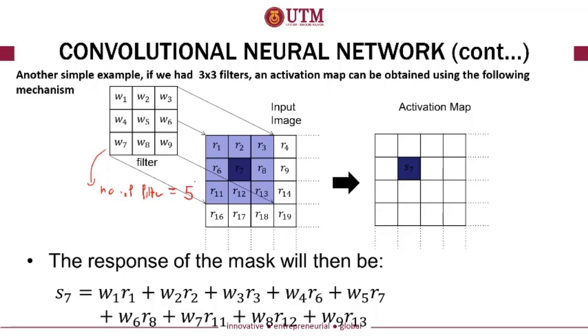So the 5 here, or the number of filters here, is also known as the channel. So if your channel is equal to 5, that means the number of filters is equal to 5, or in other words, the filter channel is equal to 5, meaning that you have 5 filters. Each filter you execute with one convolutional operation, then the second filter you also apply the convolution, so you will do it 5 times because you have 5 filters.